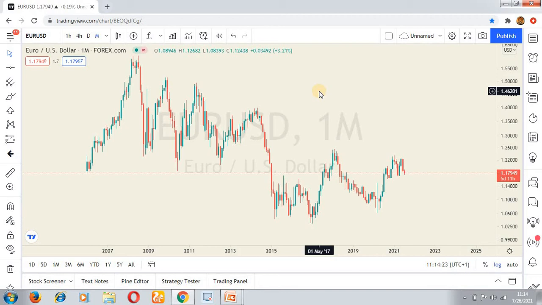The monthly time frame gives you a total understanding of what price is doing at the moment. If you look at this chart, you can see everything that EURUSD has done from January 2006 till July 2021, which is the current date when I'm recording this video.